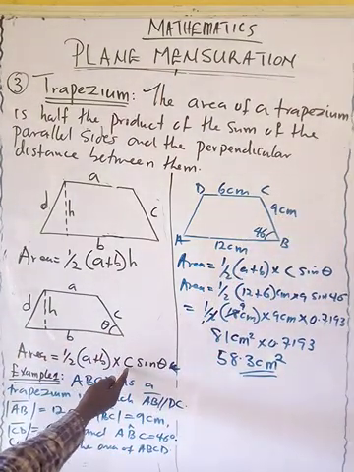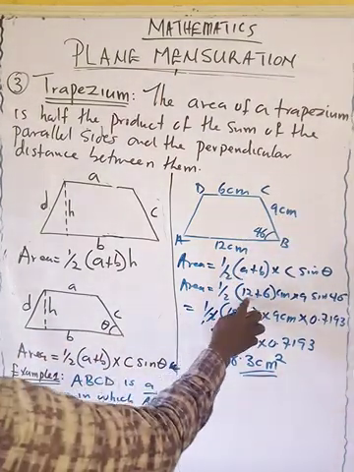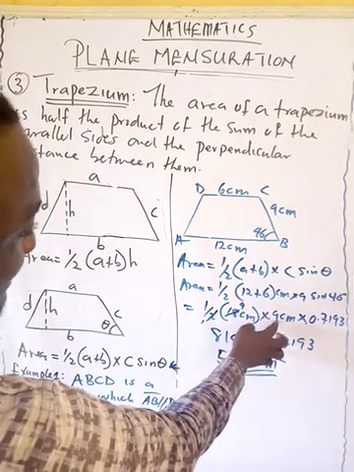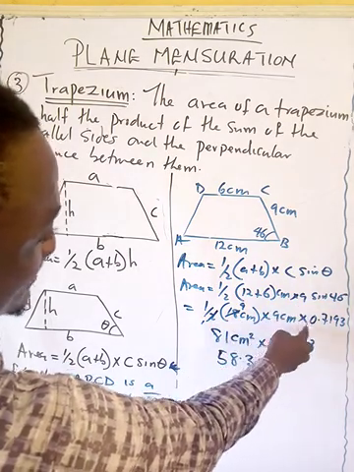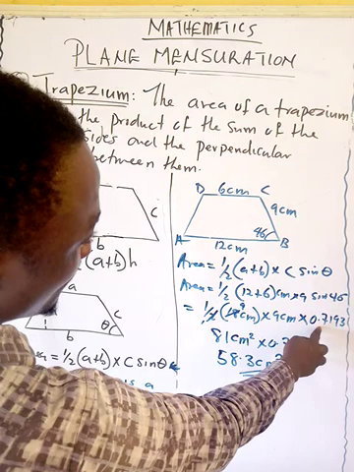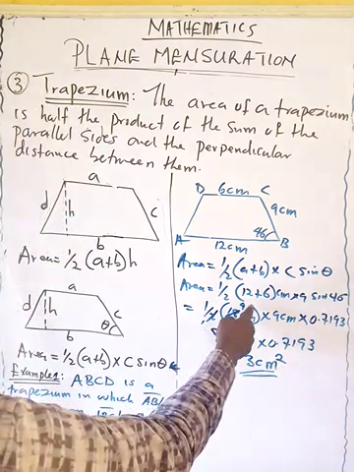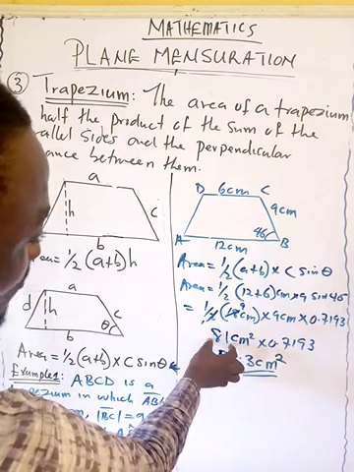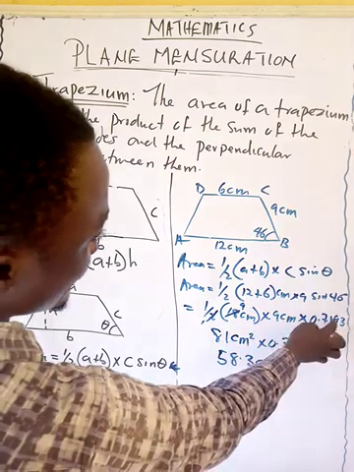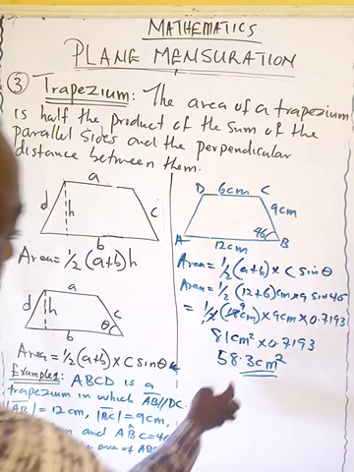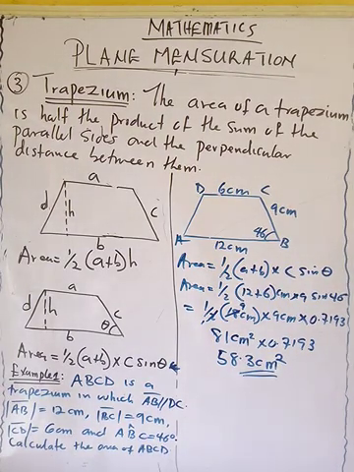So we have 12 plus 6, which gives us 18 centimeter, times 9 centimeter times sine 46, and sine 46 is 0.7193. So 2 here 1, 2 in 18, 9. 9 times 9 will give us 81 centimeter squared times 0.7193. This will give us 58.3 centimeter squared.